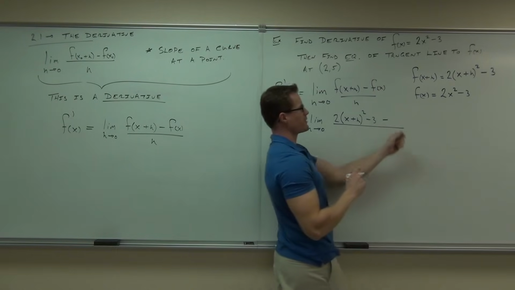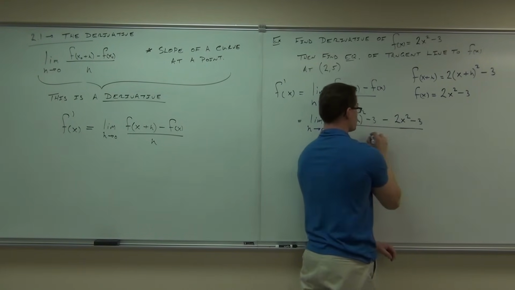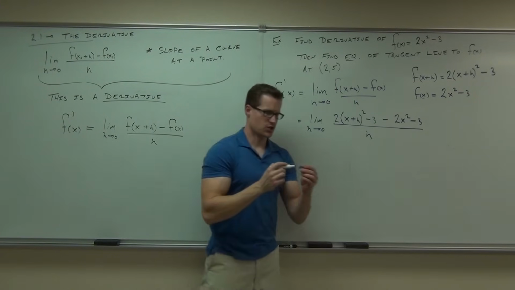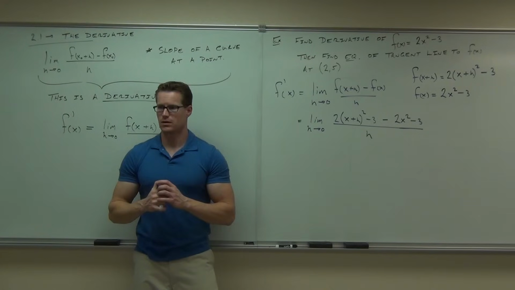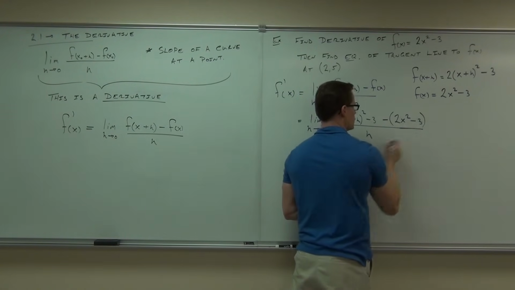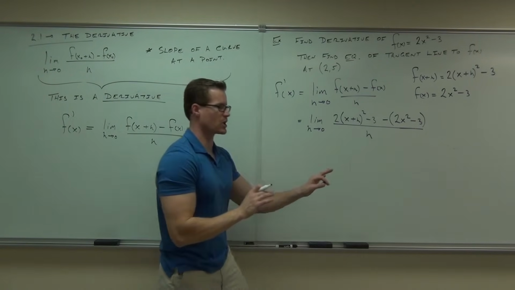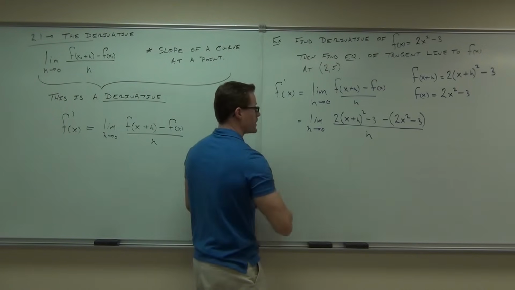Now I want to subtract f of x, which is 2x squared minus 3. Tell me the gigantic flaw that I have on my board right now. Very good. Yeah, that's got to be there because that's going to change your sign. You're subtracting that entire f of x. That's that whole expression. So we'll keep on going here.